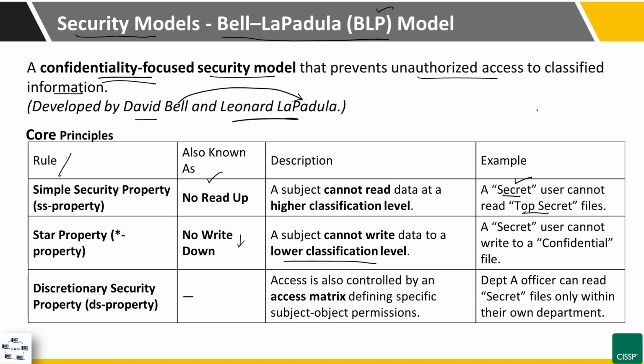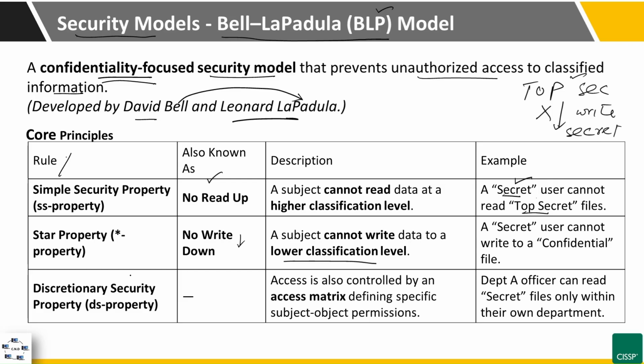Or similarly, a top secret user cannot write to secret level files because top secret has higher classification. Writing data to a lower classification would disclose that information to users having lower classification.